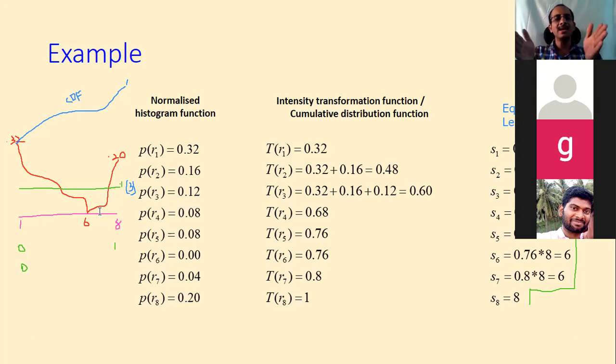In any bin you take, from here or here, it will be roughly 9 pixels. So like that you can check. Sometimes that also may not be valid, because of the discrete nature.